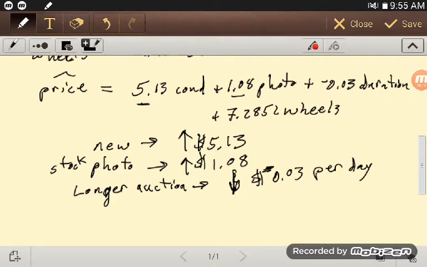And then the wheels, ooh, now that has a bigger effect than the condition. It goes up $7 and about 29 cents, according to the textbook, per wheel.